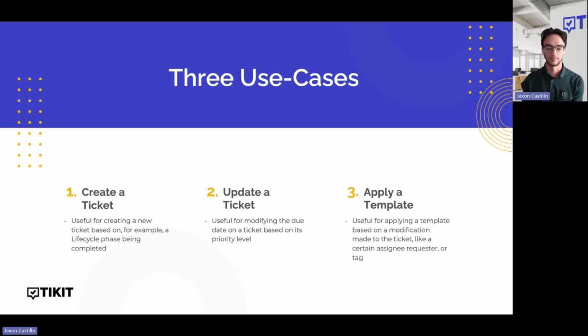You can update the ticket with an automation instead of having to go in and manually do that. Or you can apply a template to something, say a certain requester has been applied to the ticket, or a tag has been applied to a ticket. We're going to apply a template to that, one that may or may not have already been applied. This is just going to automate that process for you. And this is going to, like I mentioned, reduce the overall workload on your IT employees.